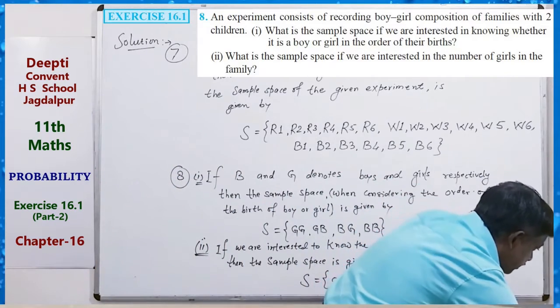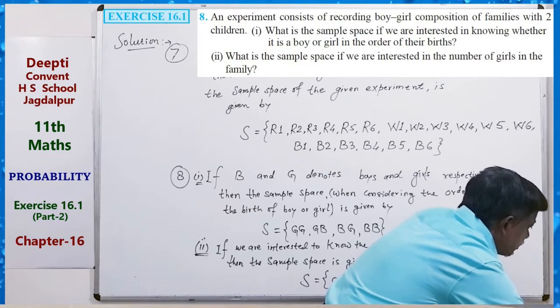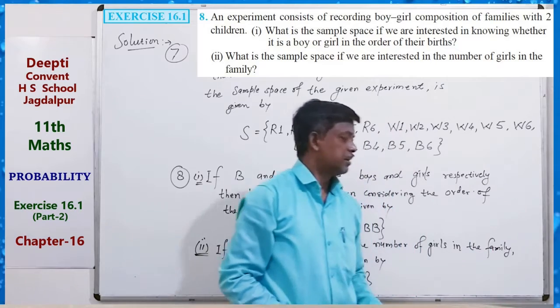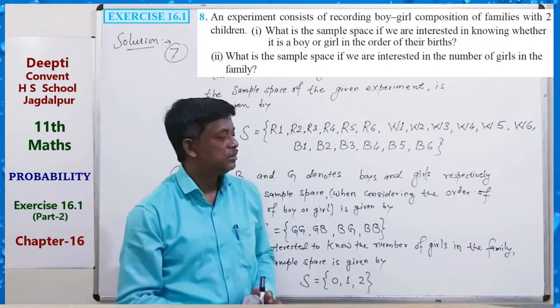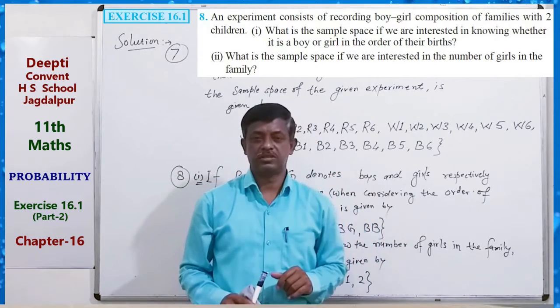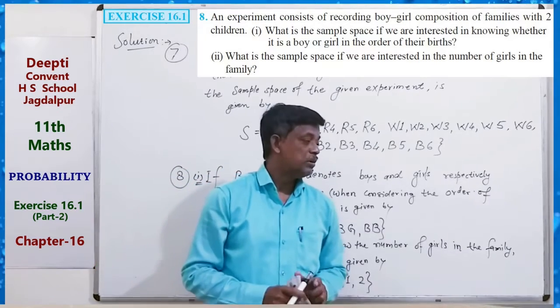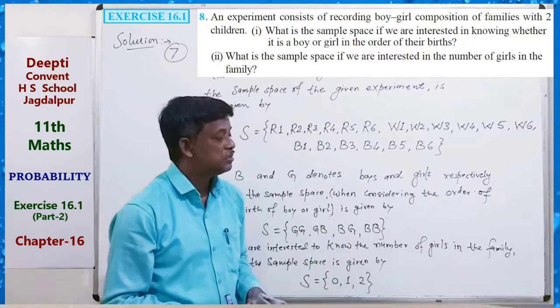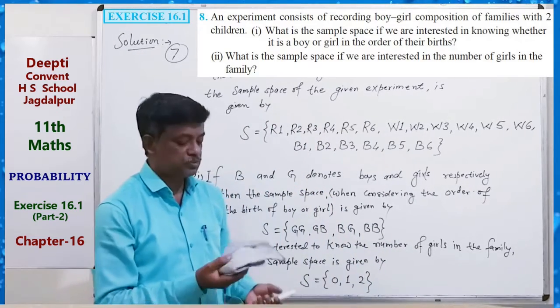Okay. So by this type of process, you can write the sample space for an experiment given in the question. Now take question 9. Here a box contains 1 red and 3 identical white balls. 2 balls are drawn at random in succession, with replacement, without replacement. Write the sample space for this experiment.